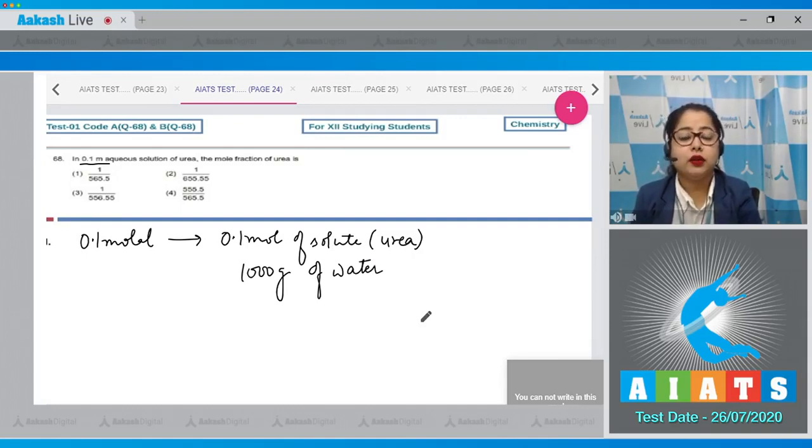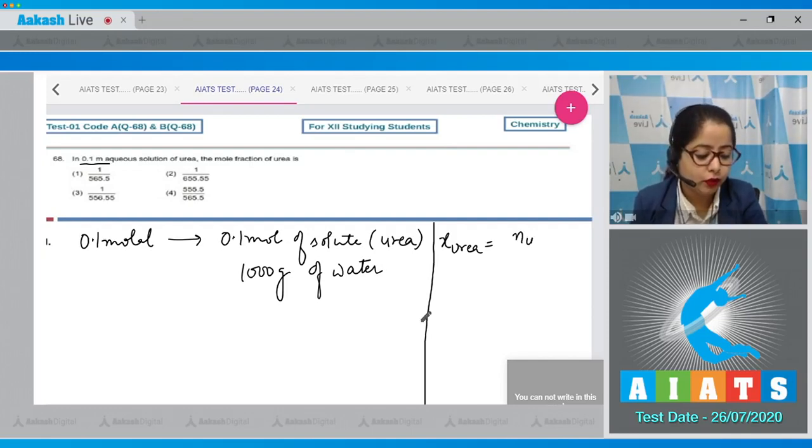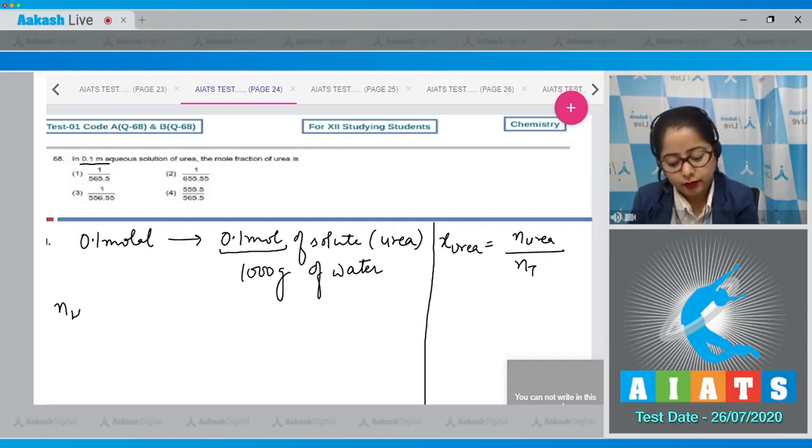And now we have to calculate mole fraction of urea, and the formula will be number of moles of urea upon total number of moles, that is number of moles of urea plus number of moles of water. We are given the number of moles of urea, so we'll calculate the number of moles of water, which is equal to mass upon molar mass, ultimately equal to 55.55.